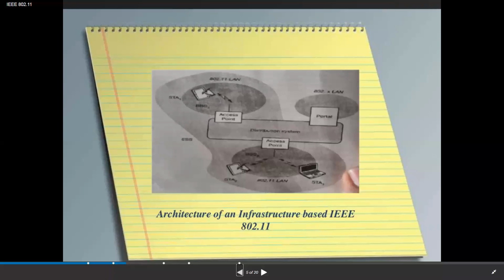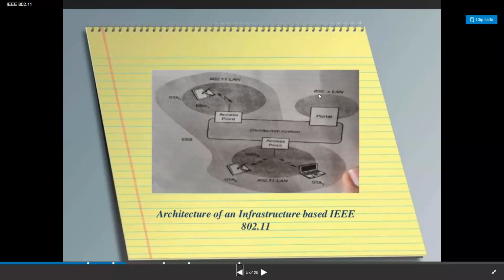This particular diagram resembles the IEEE 802.11 architecture. In this, we have the access point and the portal. The access point connects the different BSS, and the portal connects the ESS with the 802.x LAN, that is, the normal LAN.